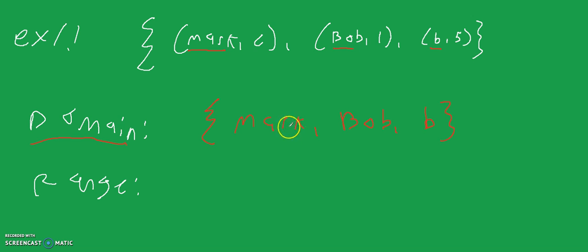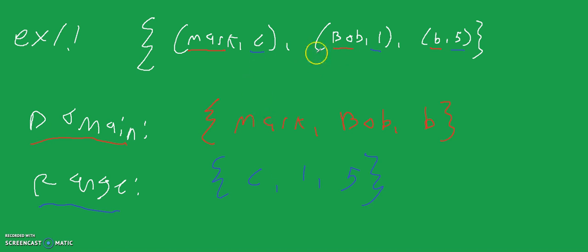Those are all of my inputs, or usually we associate these with x values once you talk about a function, but that'll be in the next video, hopefully. And now we look at the range as all my second components, so I go and mark those. So I have the letter C and the numbers 1 and 5.